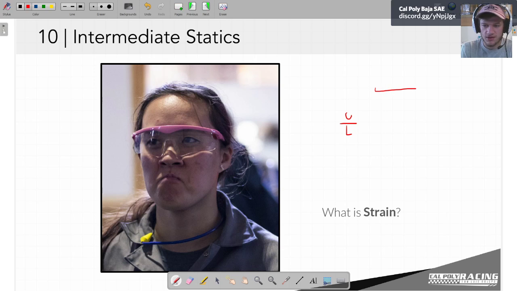So we've got a thing, and we stretch it, it becomes longer, and we've got a change here. That's how much it changed over the original length. Perfect. That is delta L over L equals strain. Awesome. Glad everyone's starting to get that set in your head.